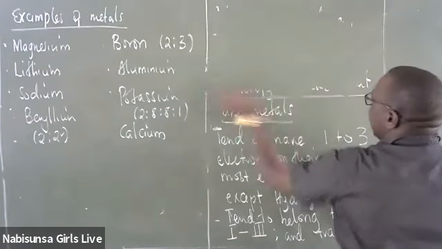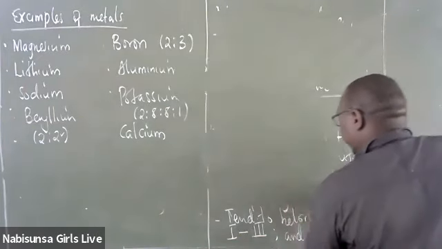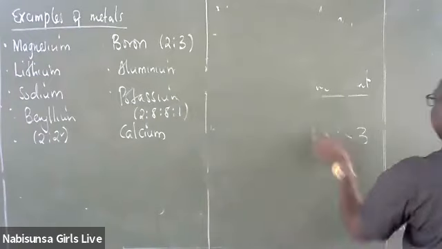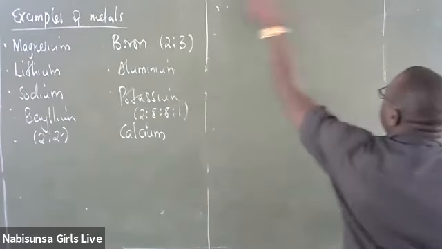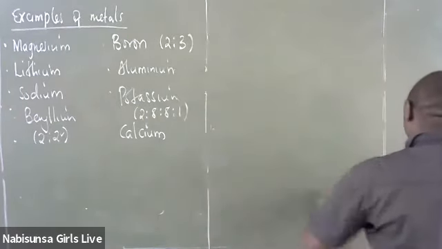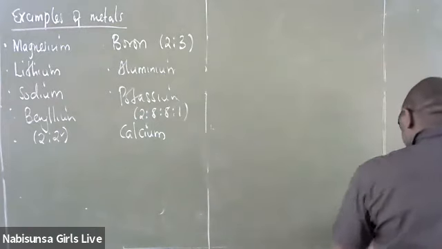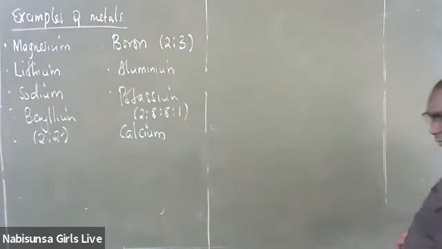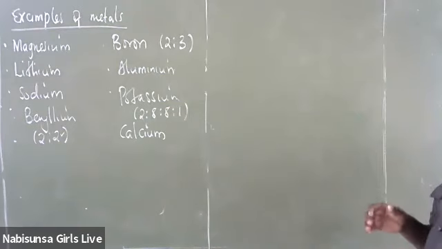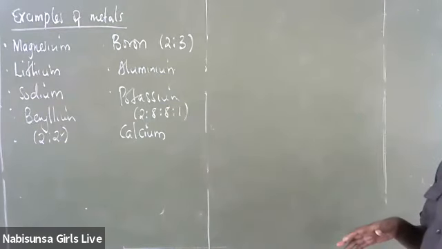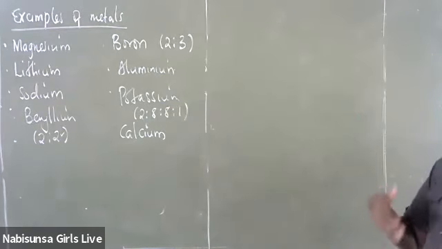Amongst these elements that you have given me, we're going to look at why they tend to bond with one another. How? To attain a stable configuration. Let me just summarize this.